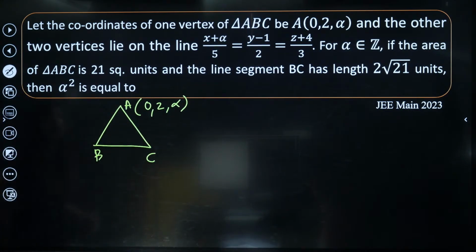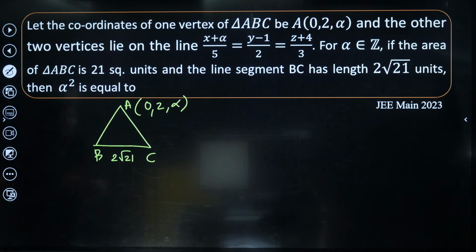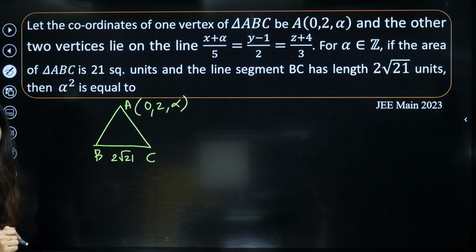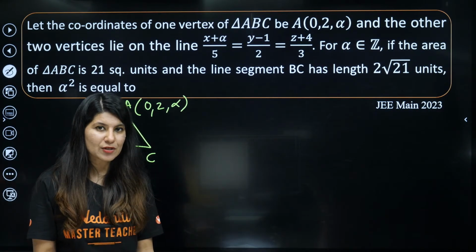If the area of triangle ABC is 21 square units and the line segment BC has length 2 root 21, then we need to figure out the value of alpha square. I'll give you 1 minute to understand this question.